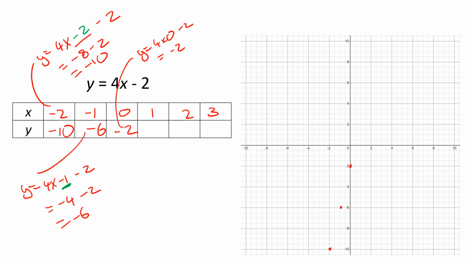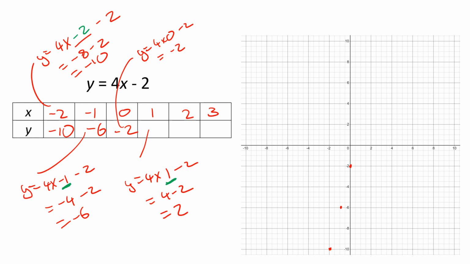And the next one would be y equals 4 times 1, and that 1 being from my x in the table, -2, so that's going to be 4 -2, that's going to be equal to 2. So if x is 1, I'm going to go up to y is 2, so that's there.